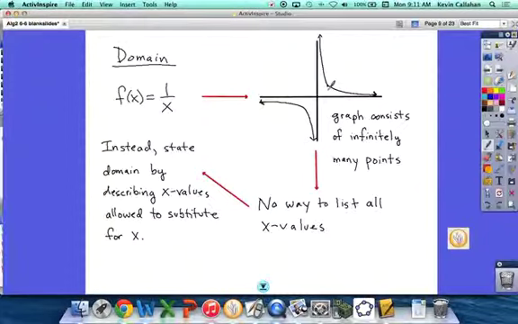I mean, what value of x would lead to this function having a divide by 0? What would x equal that would cause you to divide by 0? How about x equals 0? Right?